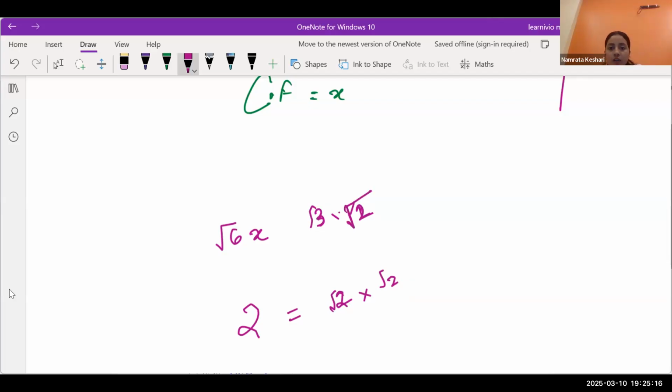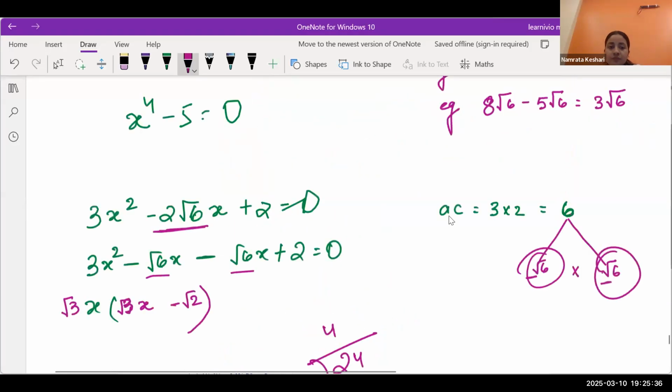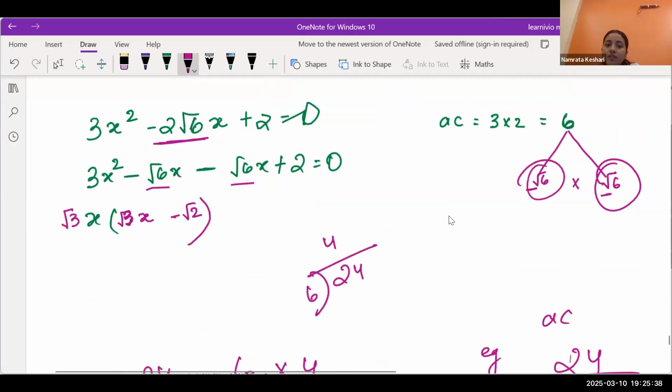Here you can see √2 is common factor. What is remaining, that also you can clearly see over here: in the first term √3x is remaining, and in the second term √2 is remaining, right, Ryan? And you understand that we can also take minus sign common.